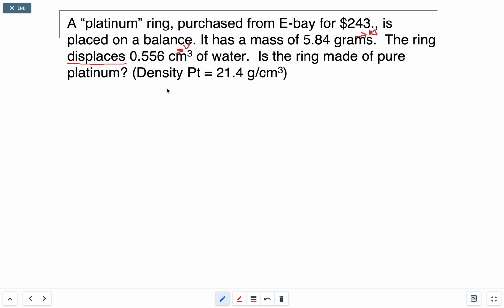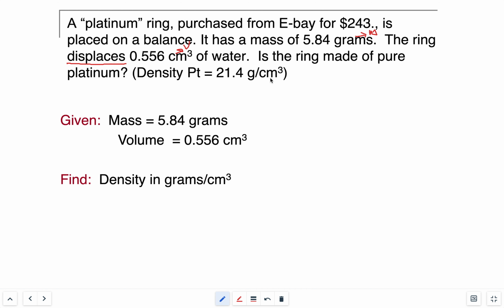Now the question is: is the ring made of pure platinum? You're given the density of platinum is 21.4 grams for every cubic centimeter of platinum. Now, first step, write down what you're given. We don't want to have to look at all this language again. The fact that it costs $243 is not relevant to solving the problem.